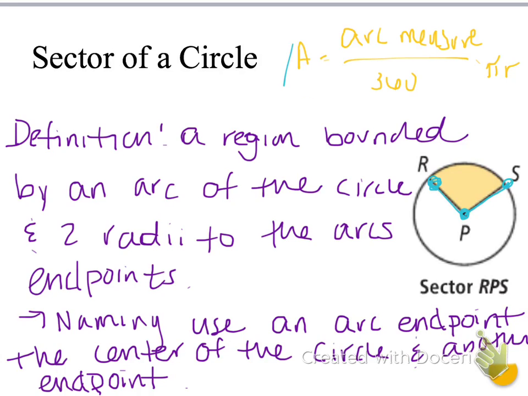To find the area, we take the arc measure divided by 360, times pi, times our radius squared. So if we said sector, it'd be sector RPS or SPR. You always start with your endpoint, then your center, and then your other endpoint.